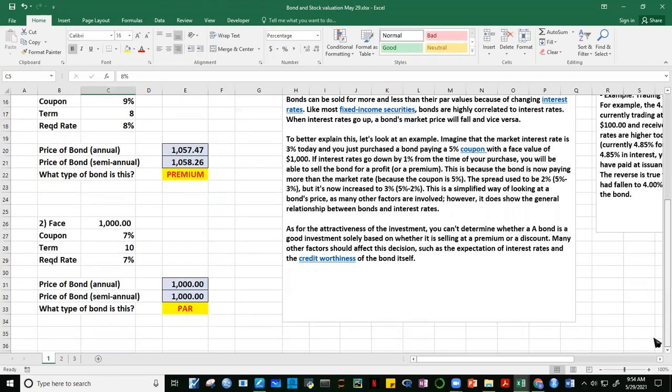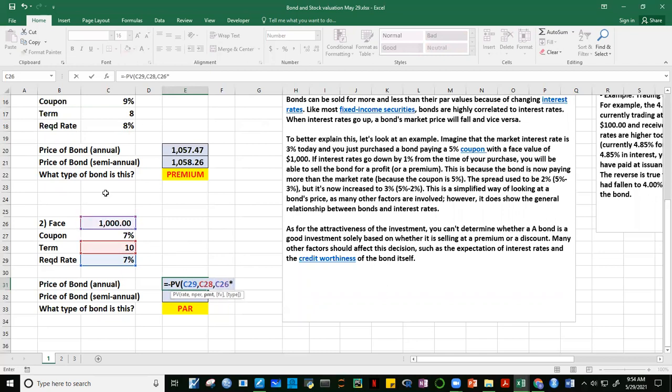And lastly, we have this. Notice that your prevailing market rate is equal to your coupon rate. So let's compute for that. This is equal to negative PV. The rate is 7% for annual, comma, NPER is 10 years, comma, PMT is 1,000 multiplied by 7%, and then future value is 1,000.